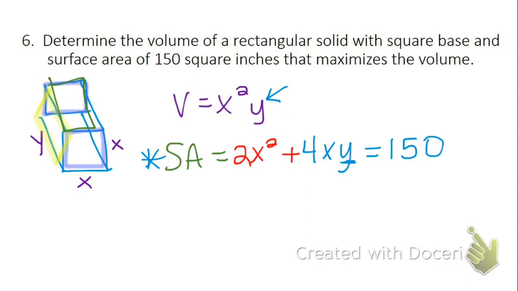It will make the derivative much easier. Hopefully in the end, once you set it equal to 0, you'll get x equals 5. And because the question says determine the volume, you'll go back in to find the volume, and you should get 125 inches cubed. So try to finish the rest of those.